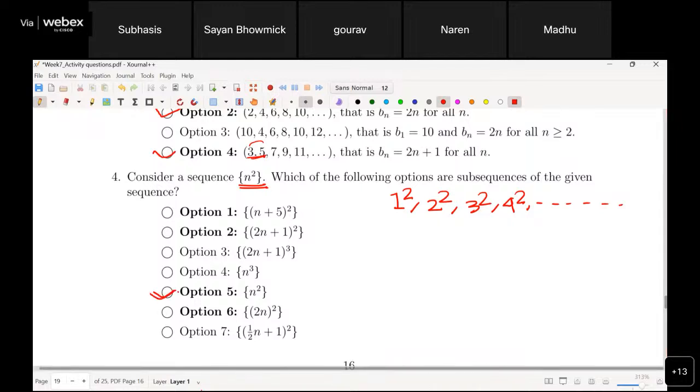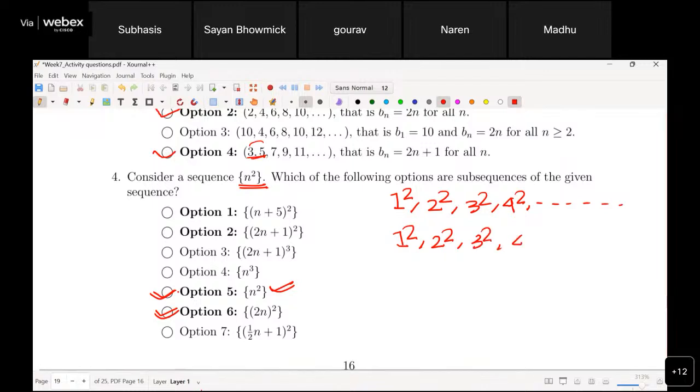For any sequence value, if we take it, it satisfies the condition. So n square is a subsequence of itself. If this is my sequence and I write the same thing, this is also a subsequence because they are basically the same thing.